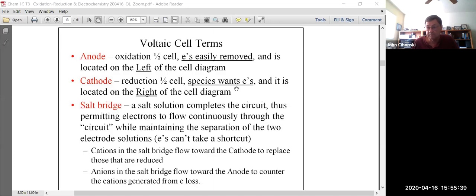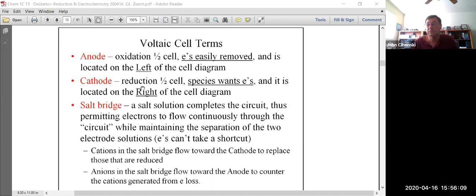Now remember, we are talking about copper and zinc. So in this case, copper will want to be the reduced, okay? Now, it depends what we match that with. If we match copper with maybe silver plus, take my word for this, the silver plus will then replace the copper.